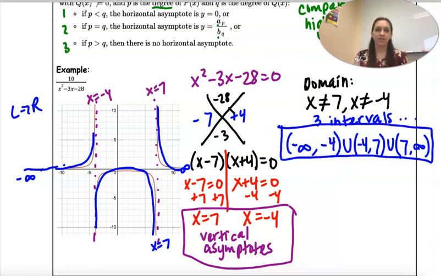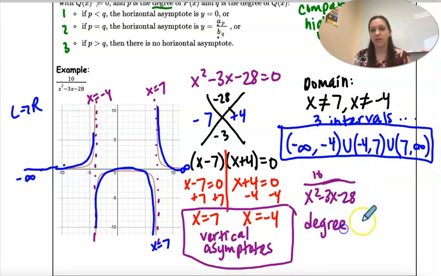The last thing you're going to have to know is the horizontal asymptote. So we're going to look at our variables. See up here, 10. There's no variable, so the degree of our numerator is 0. And the highest degree on our denominator is this exponent. The biggest exponent is 2.